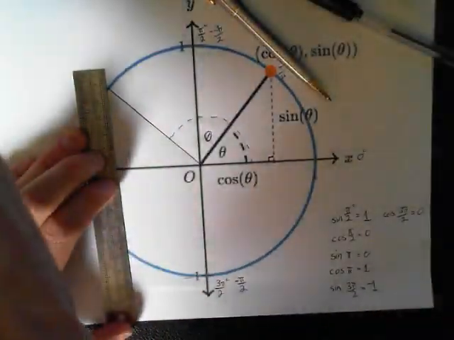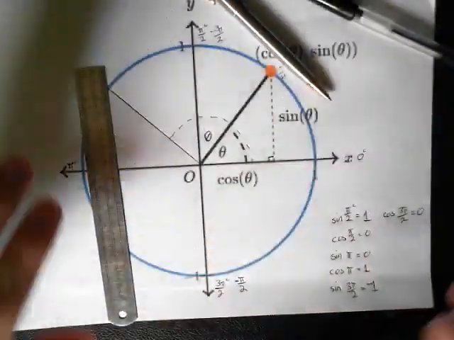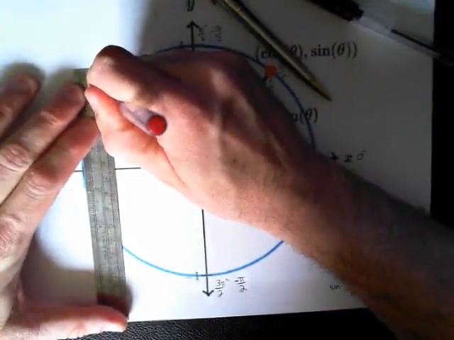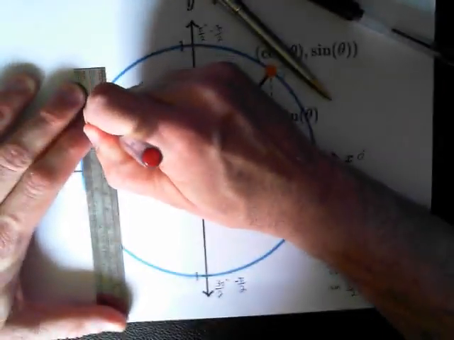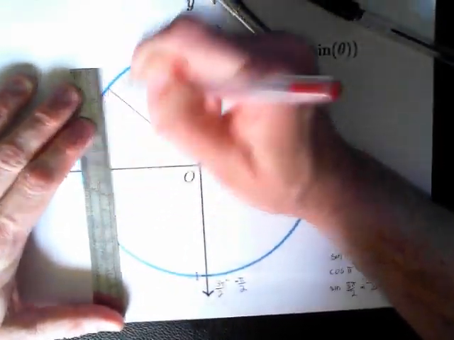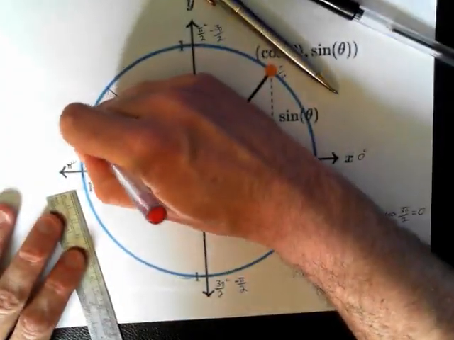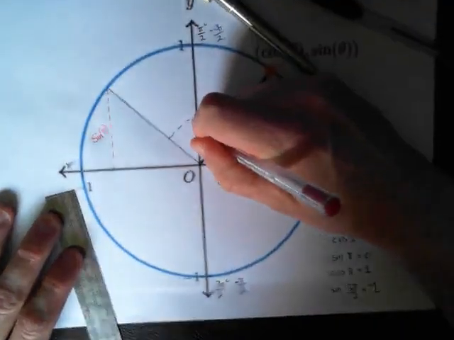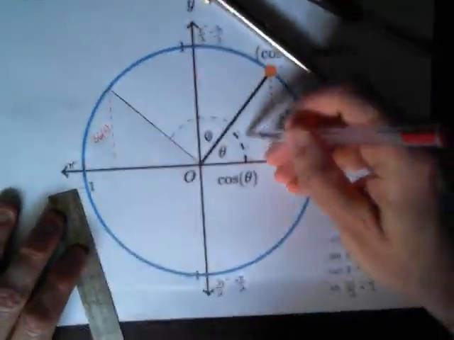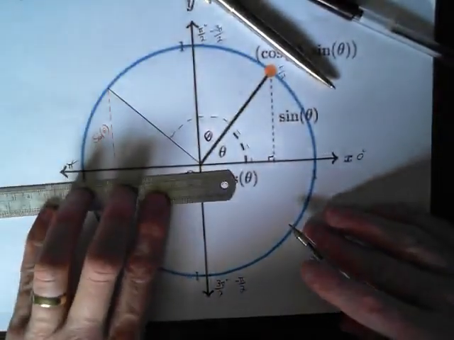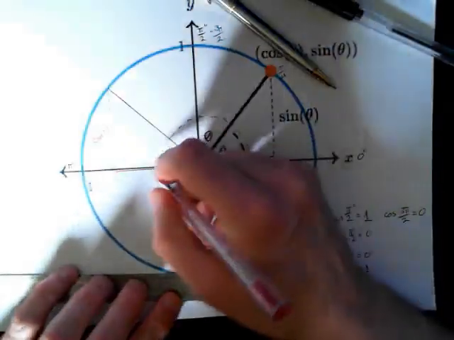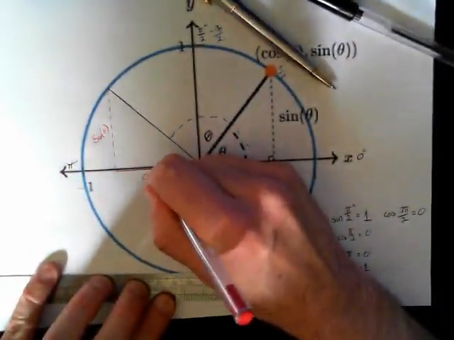Alright, when we draw sine, let's pick a different colour. Let's get a red pen out, see if that shows up nicely on camera. This is sine theta here, if that's theta, okay, that whole angle there, and then this length here is cos theta there.